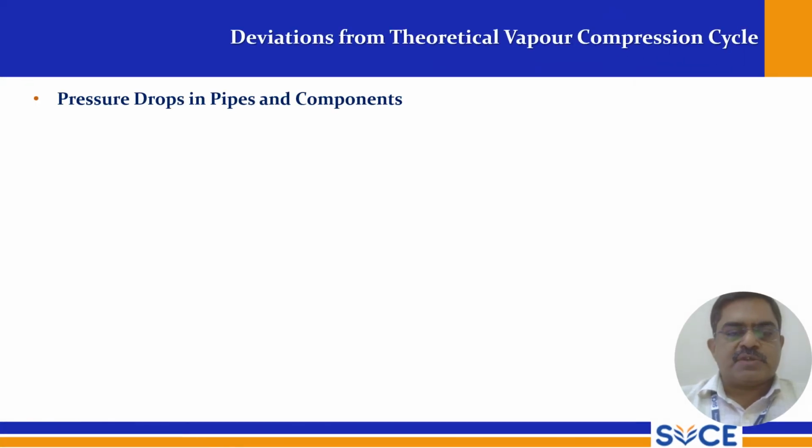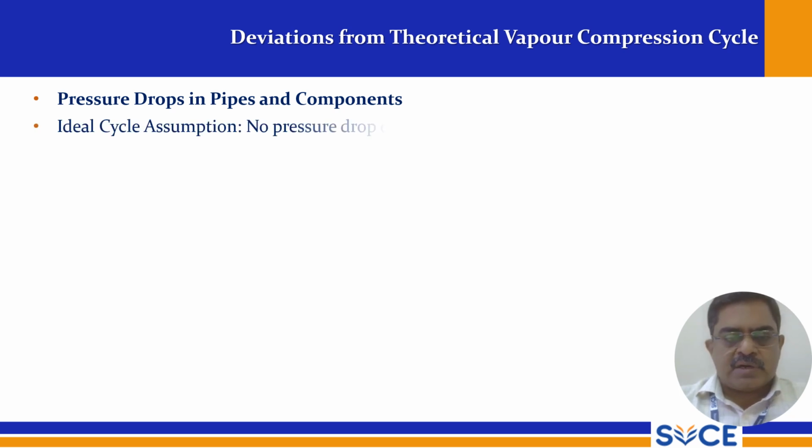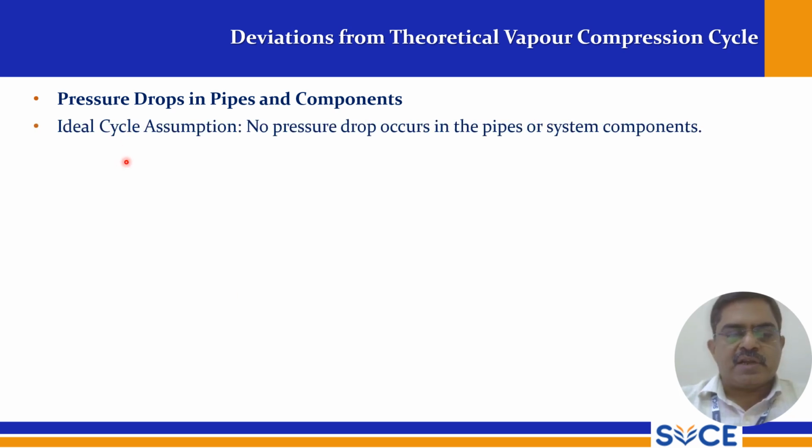So pressure drops in the pipes and components. There will definitely be slight cross sectional area changes, normally if there are longer or running pipes. The ideal cycle assumption is that no pressure drop occurs in the pipes or system components.